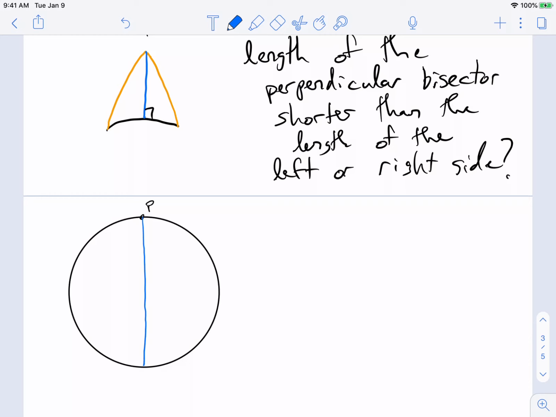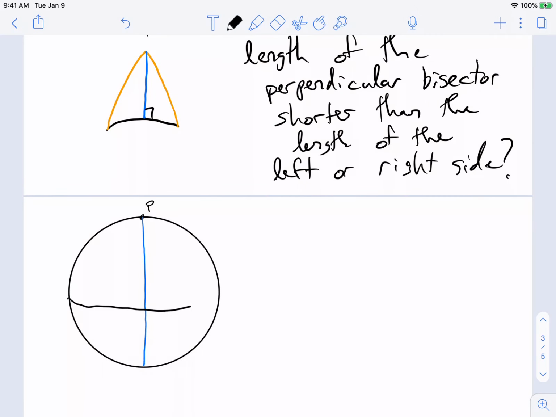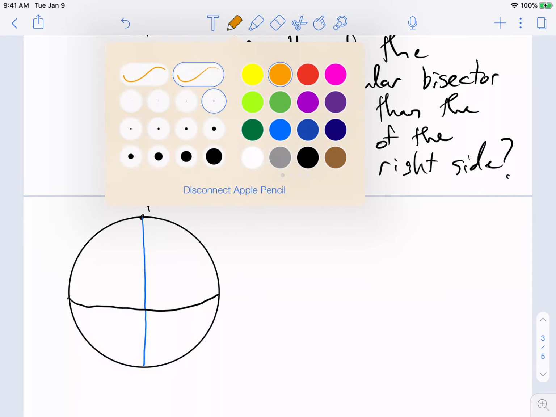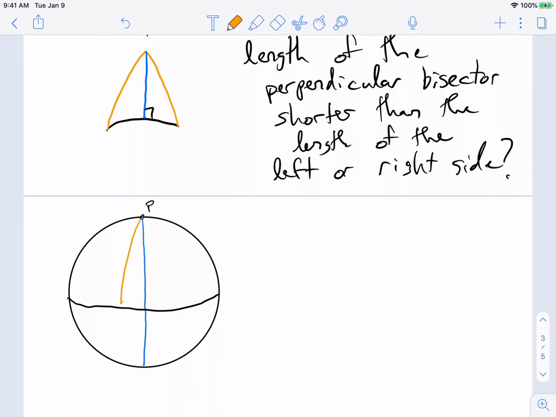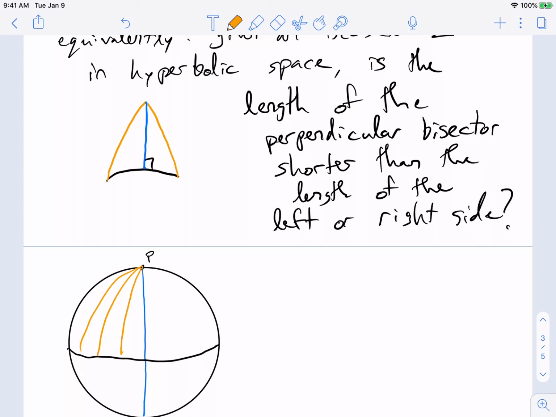Now, if I use the equator as the geodesic that I'm intersecting, then any other longitude line, the distance is going to be the same. So in this case, the blue line's not shorter than the orange line, but at least they're the same length. It's not longer, right? So that's good.